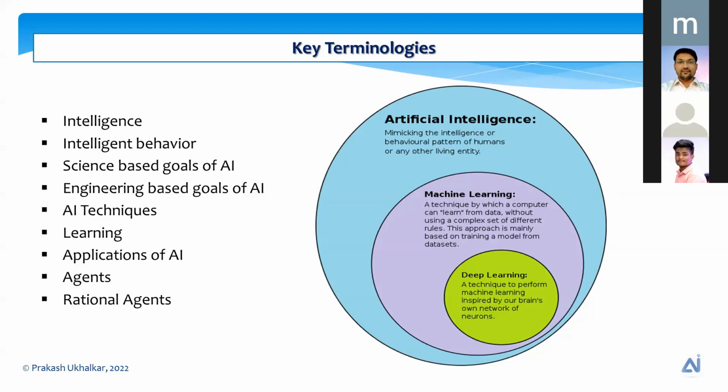For example, Alexa. How a computer program like Alexa works, how it takes input and then gives you some desirable output, or maybe a smart search, right? There are many examples around us.